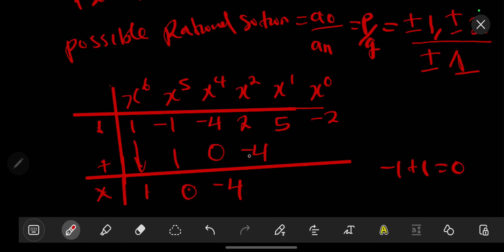Add 2 plus negative 4, it will give us a negative 2. Then 1 times negative 2 gives us a negative 2. Add 5, 5 plus negative 2 gives us a positive 3.